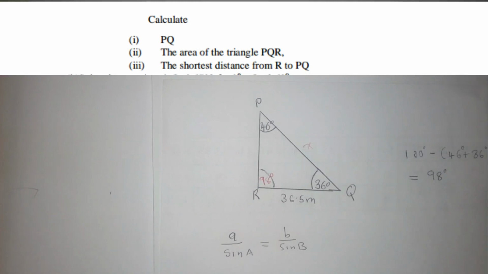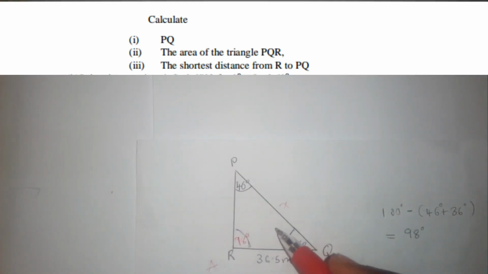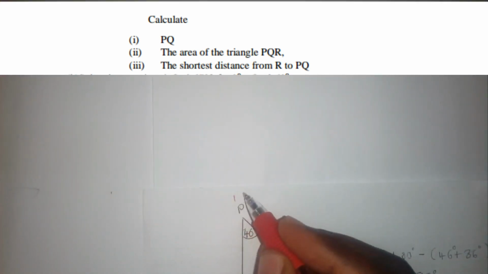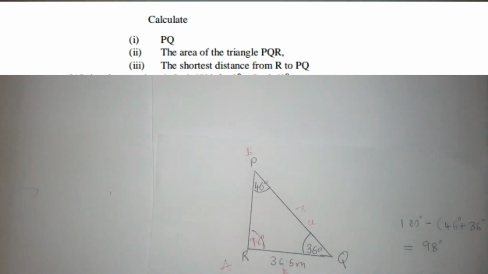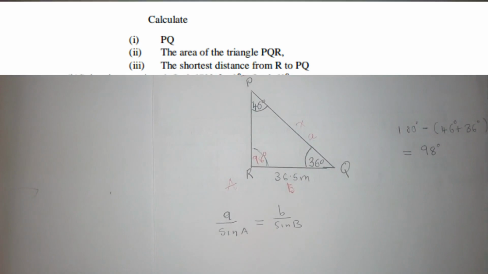We can say this angle is our capital A, and the side here is a small a, and this other side is our small b, and over here capital letter B. So we can pick now, what is our small a?